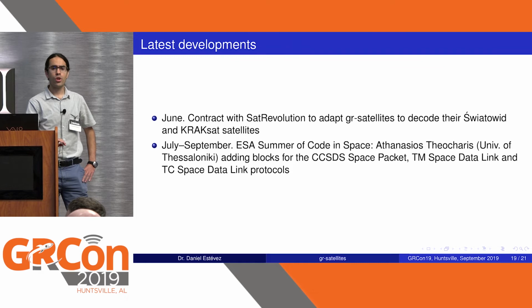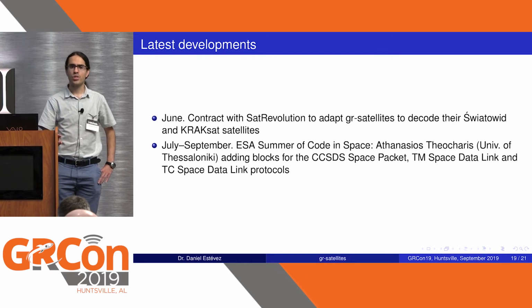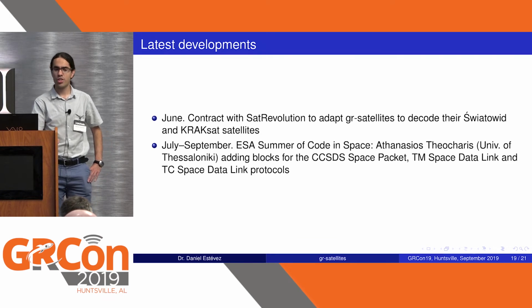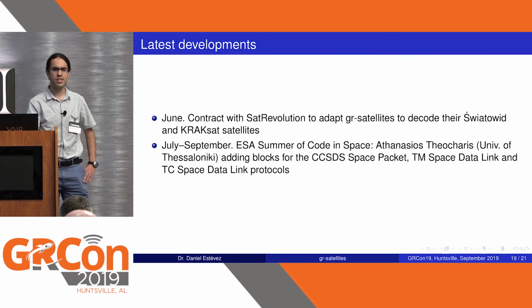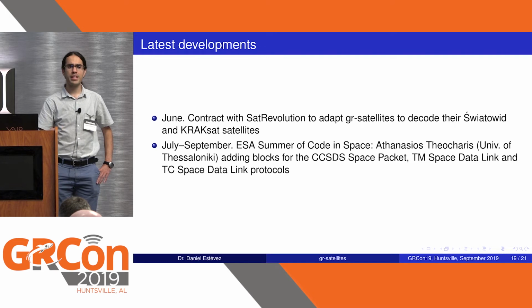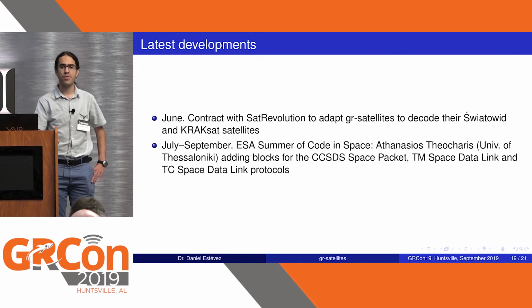Of course, working freelance for companies is not my main goal when developing GR satellites. As I said, I do this for fun, for learning, and also so that anyone can decode amateur radio satellite signals. But I think this shows that GR satellites has become a useful tool also for companies, and since many things are already implemented in GR satellites, this lowers the development costs significantly.